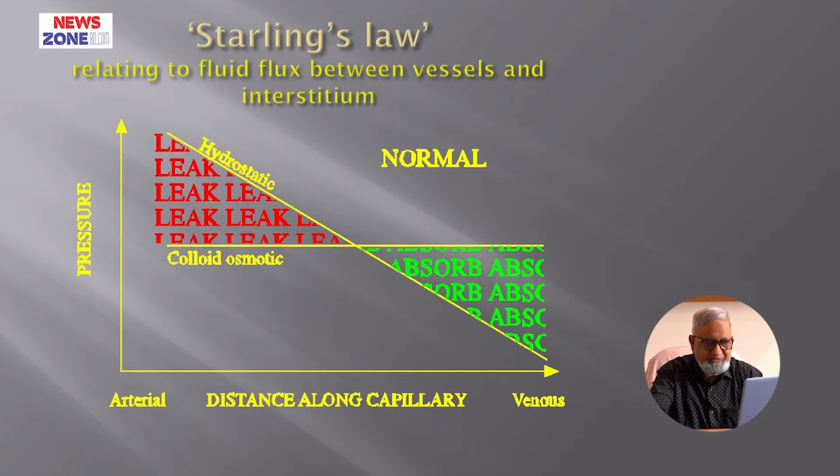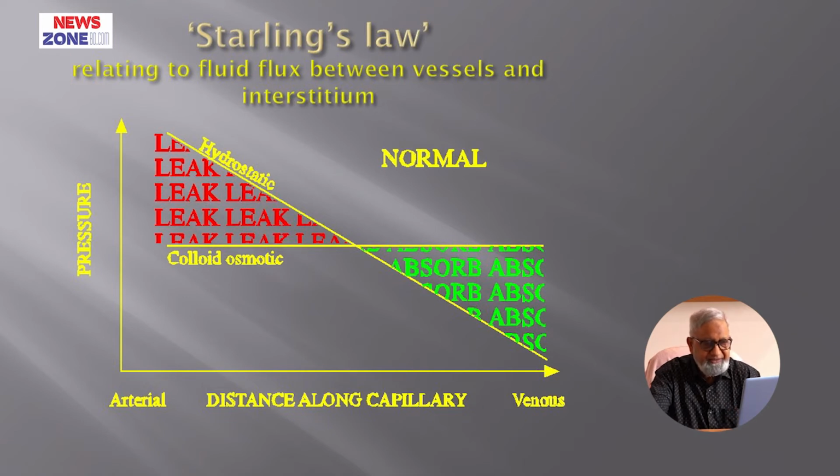Other factors also involve the colloidal osmotic pressure. Who exerts it? The plasma proteins exert colloidal osmotic pressure, especially the albumin fraction of plasma protein, and it is about 25 millimeters of mercury.